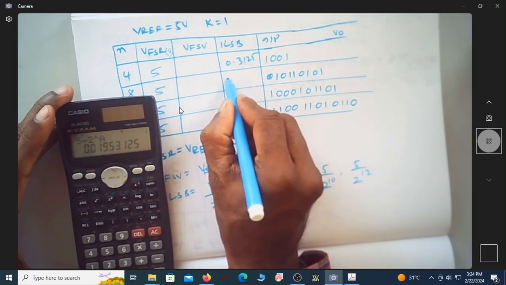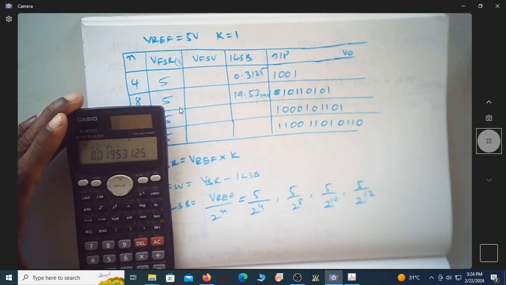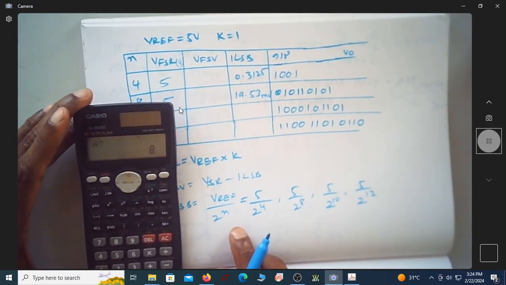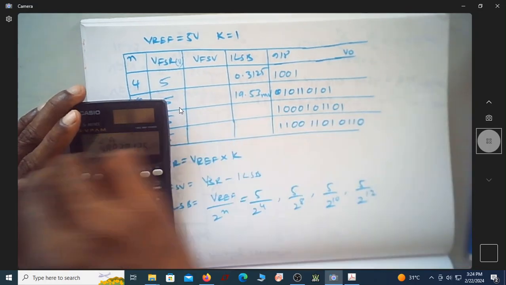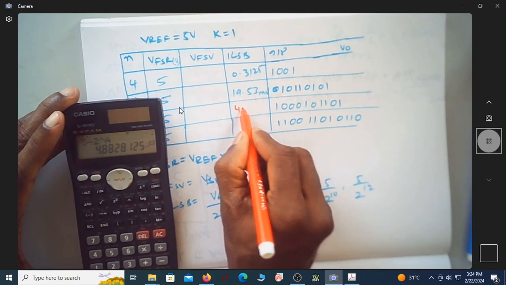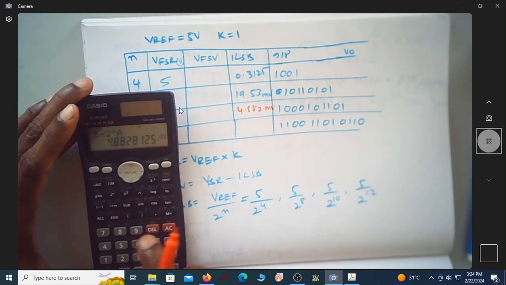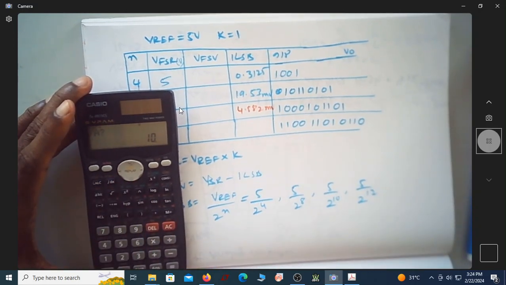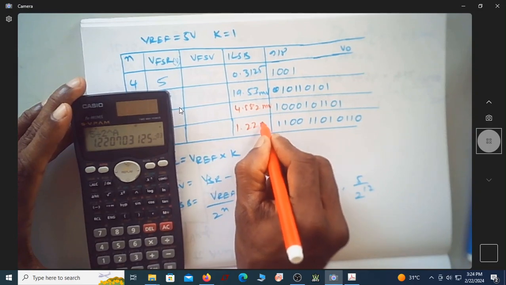Now it is 19.53 millivolt. And then I will substitute that as 10. So if it is 10, it is 4.882 millivolt. Then if it is 12, it is 1.22 millivolt.